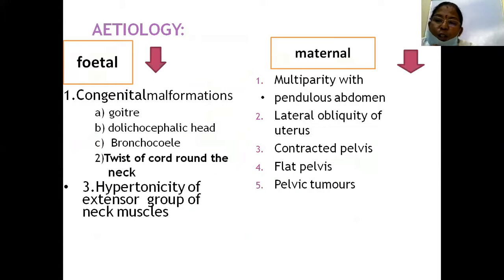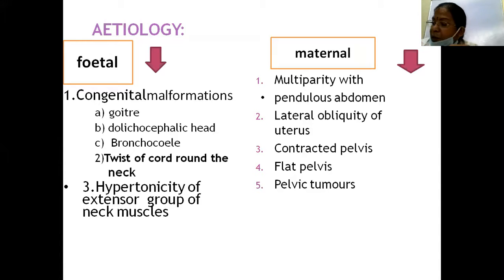So what is the etiology of face presentation? Usually there are various fetal and maternal factors which result in face presentation. Commonly the fetal problems are those which prevent complete flexion of the fetal neck.